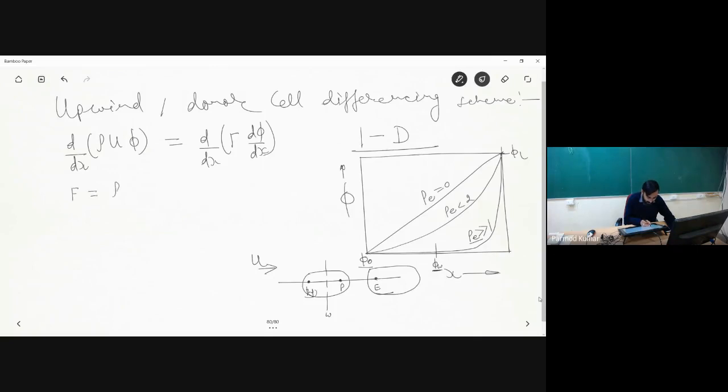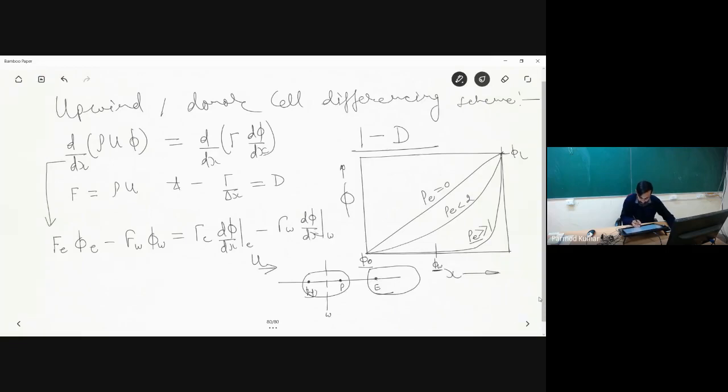I will write F equal to rho into u, and I will write gamma divided by delta x as equal to D. Now once I integrate and convert my volume integral into surface integrals, I will finally find that Fe into phi e minus Fw into phi w will be equal to gamma E into d phi by dx at point E minus gamma W into d phi by dx at point W.